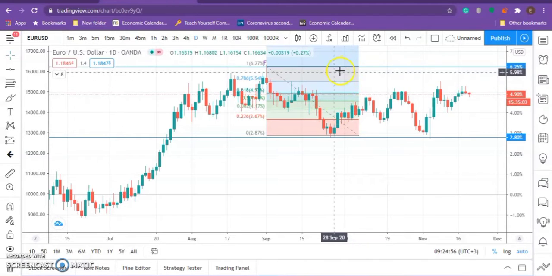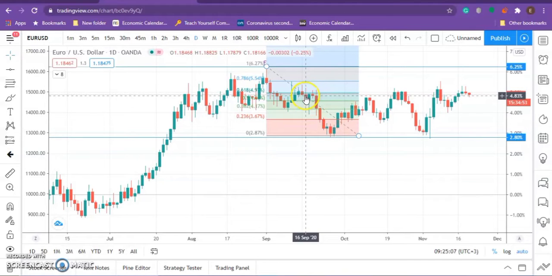So we draw, these are starting point, these are end point, and so the best place to enter will be around 61.8%, or rather 0.618, in between to 0.417.